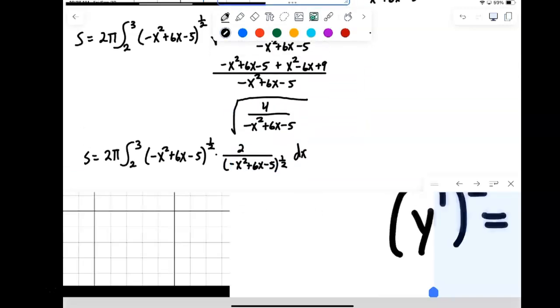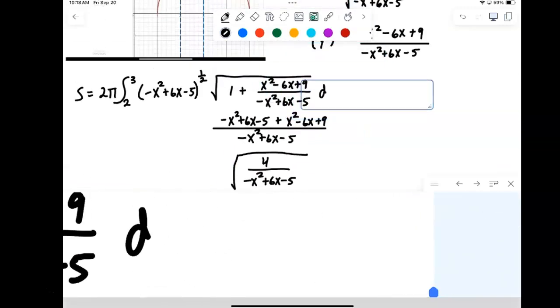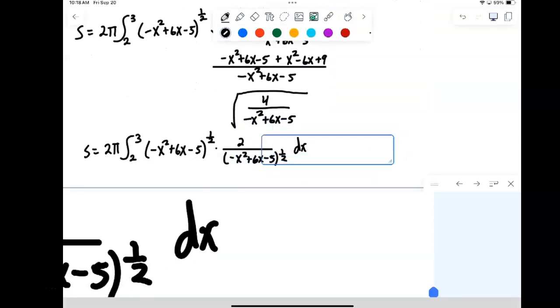That's dx. And the original one should have a dx as well. I forgot to put that down.